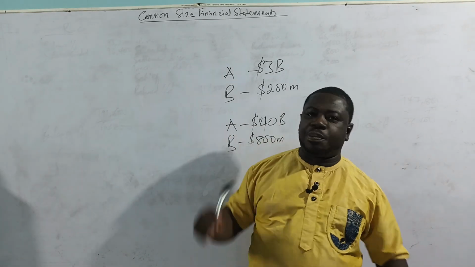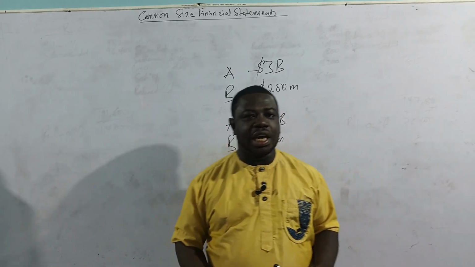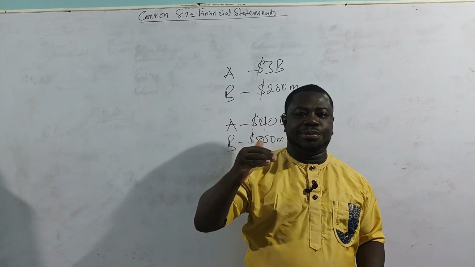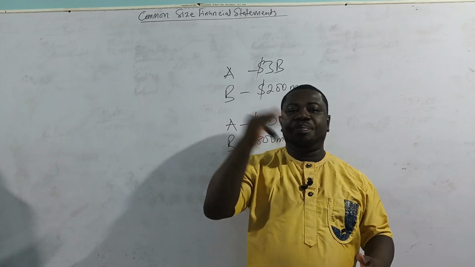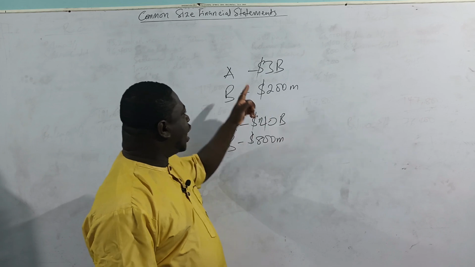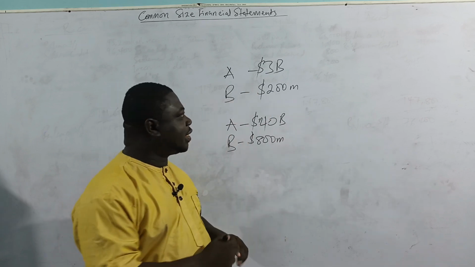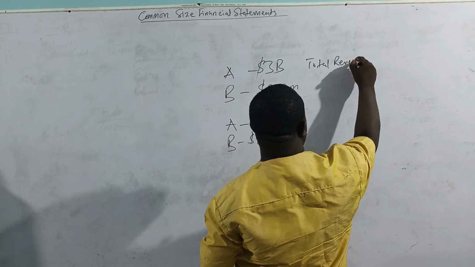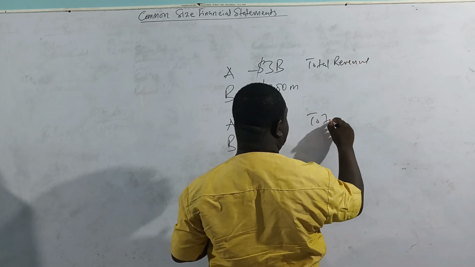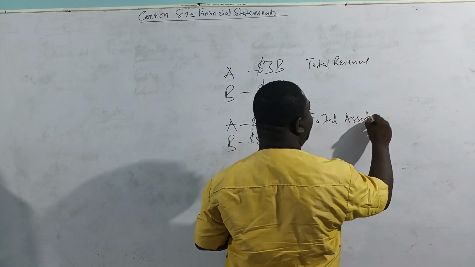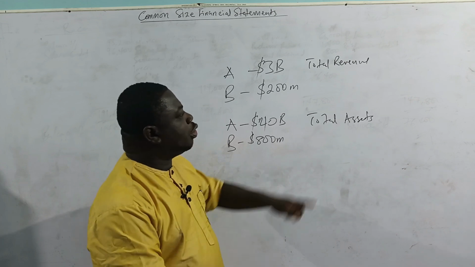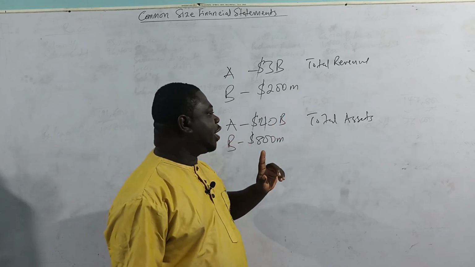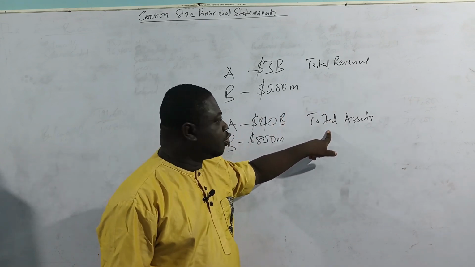The purpose of preparing a common size financial statement is to look at the various items on the financial statement as a percentage of either the total revenue or the total assets. So we are going to look at total revenue against total assets. On the statement of profit or loss, the focus will be total revenue. On the statement of financial position, the focus is total assets.